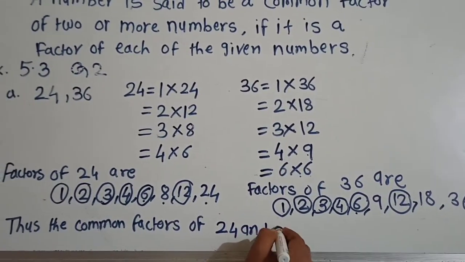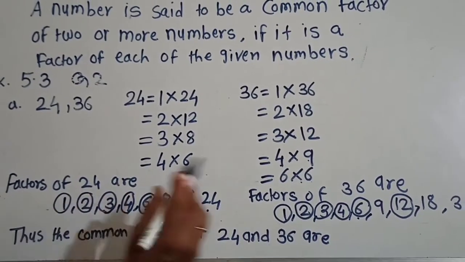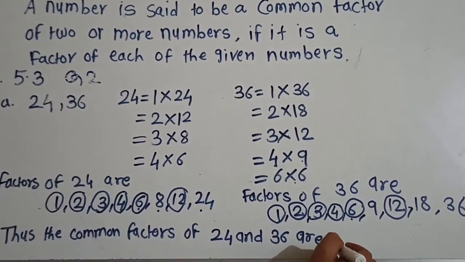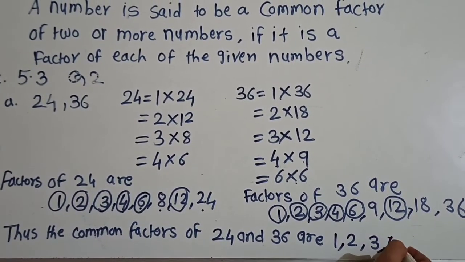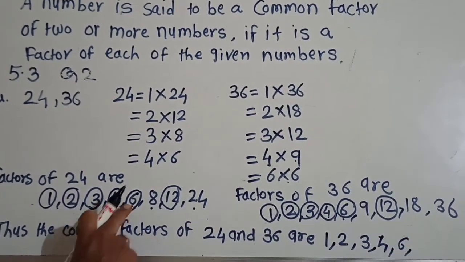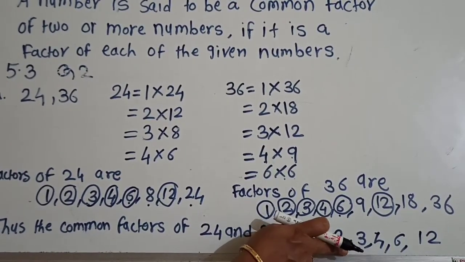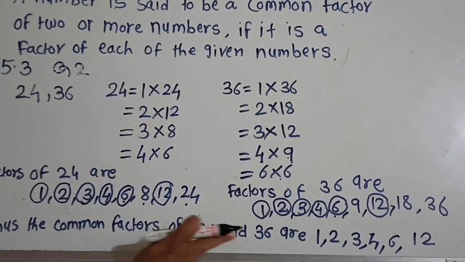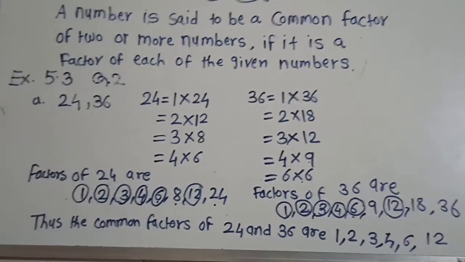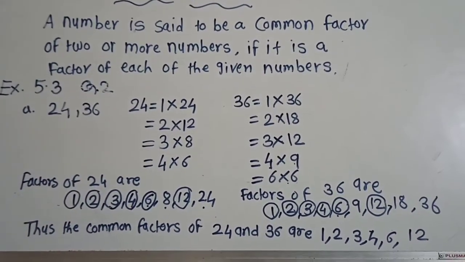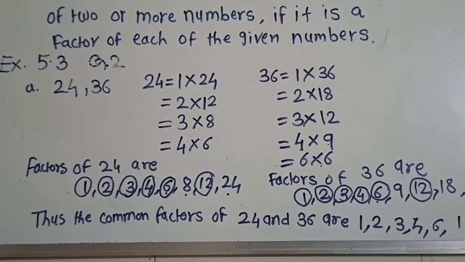You have to write common factors, meaning we have to write each one time only: 1, 2, 3, then 4, then 6, after 6 12. Okay, these are the common factors of 24 and 36. Like this children, you have to find out the common factors of given two numbers. Okay, let's see one more example.